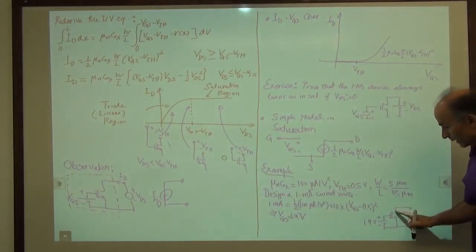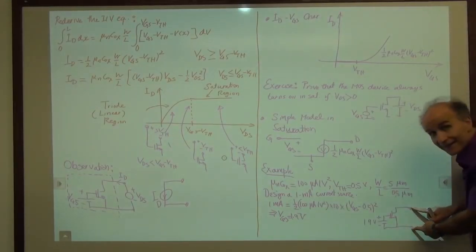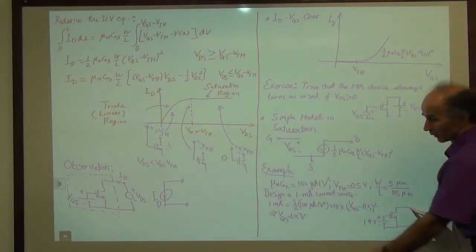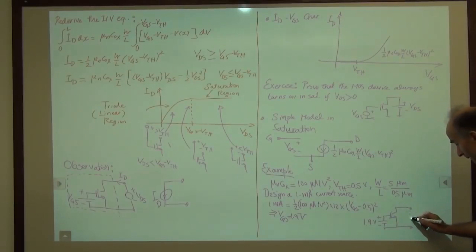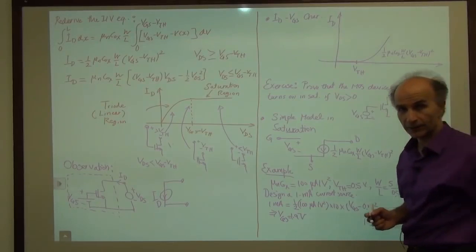So the only way this can be a 1 milliamp current source is when this voltage exceeds this much. How much is that? 1.9 volts minus 0.5 volts. So VDS here has to be greater than 1.4 volts for this two-terminal device to act as a current source.